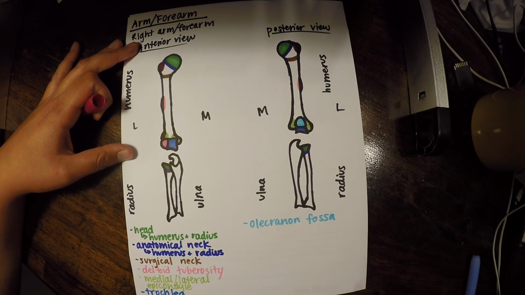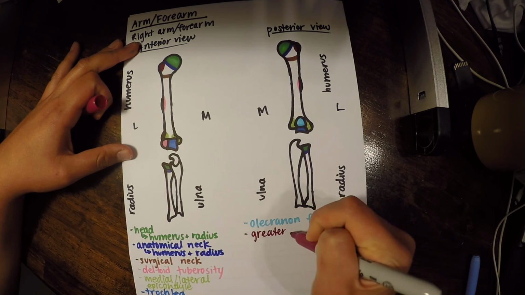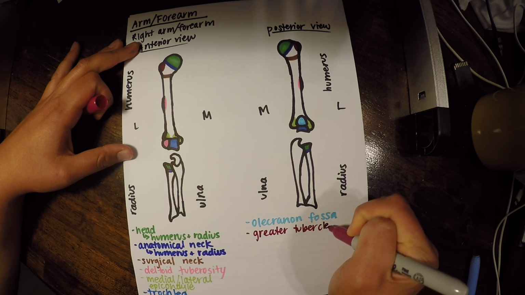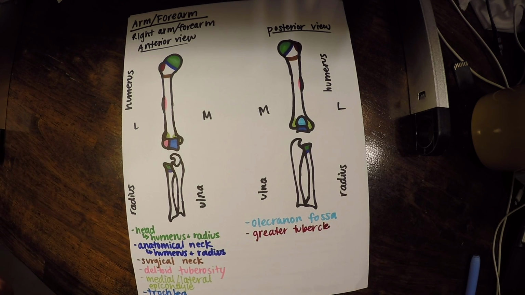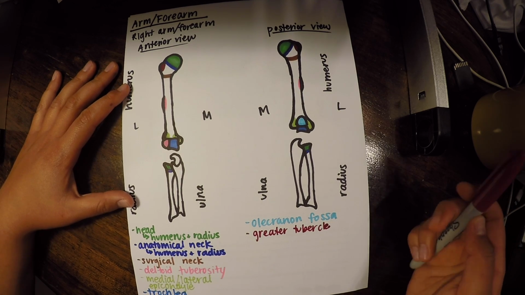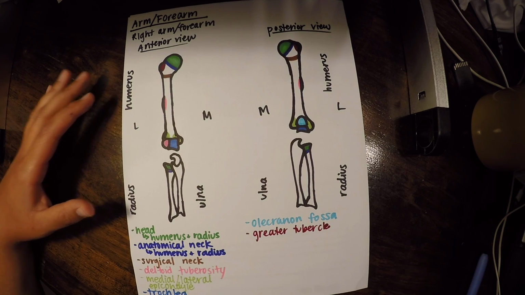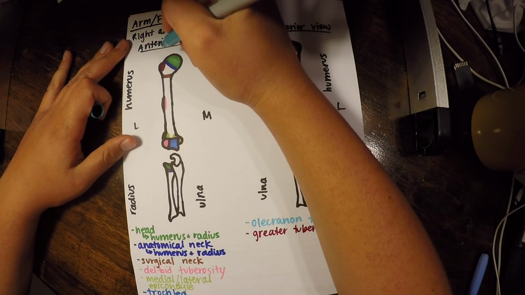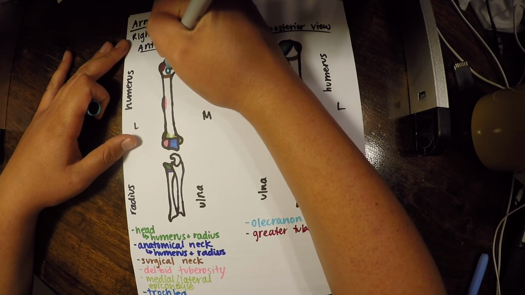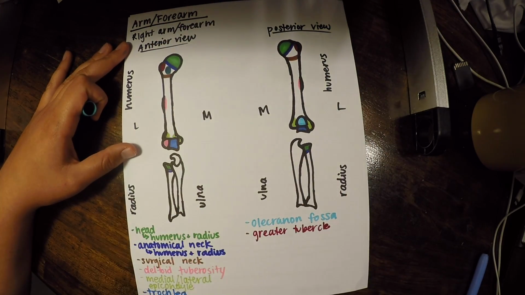That's just another area where bones can attach. And then if we have a greater tubercle, what are we also going to have? That's right, we're going to have a lesser tubercle. So that's going to be right here. And you can actually only see that on the anterior view.